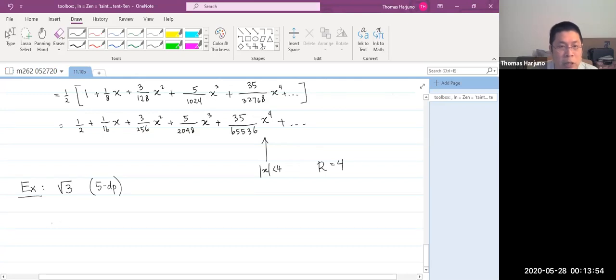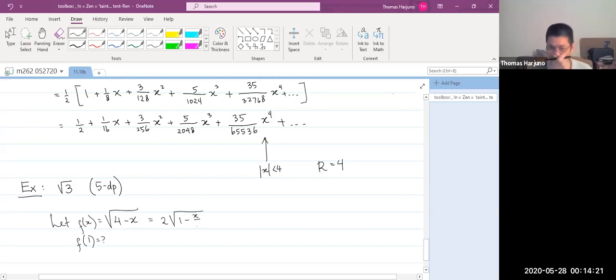I will let f(x) equal square root of 4 minus x. And what I need to do is actually to find f(1) later on. But then this is actually 2 square root of 1 minus x over 4.